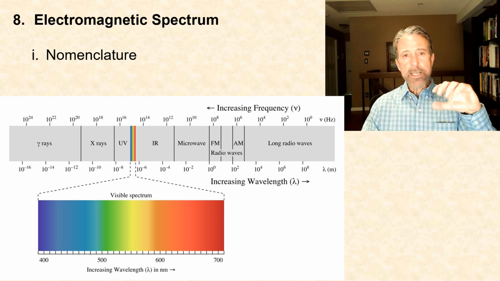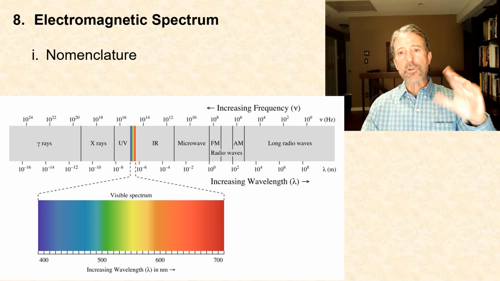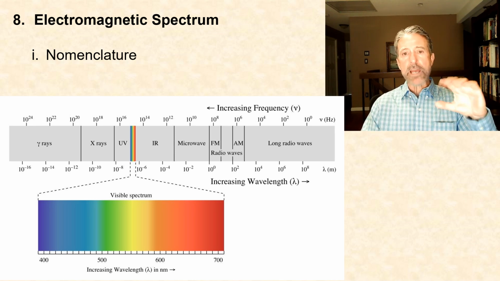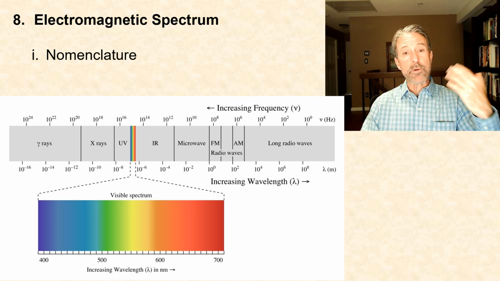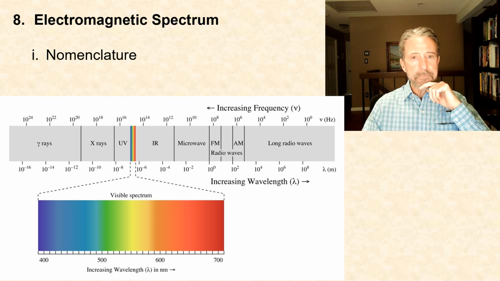So in looking at the spectrum, you certainly should not memorize the actual numbers for wavelengths and frequencies, but you should be somewhat familiar with their chronology. For example, a radio wave is longer in wavelength and lower in frequency than any wave of light that is visible to the human eye.